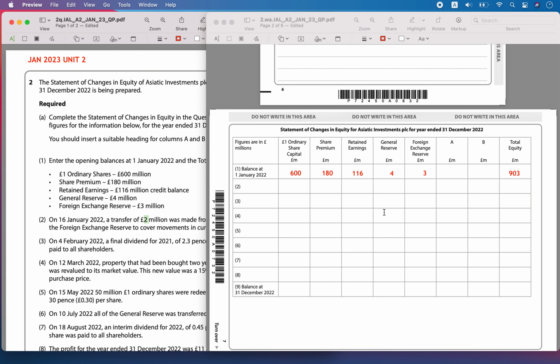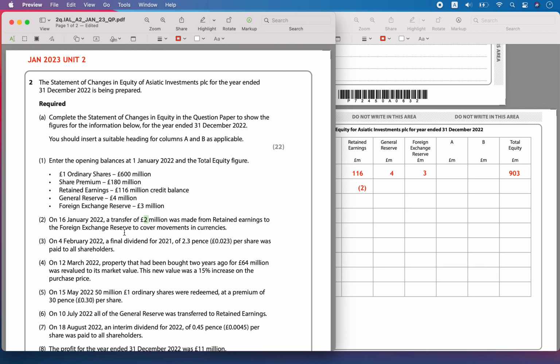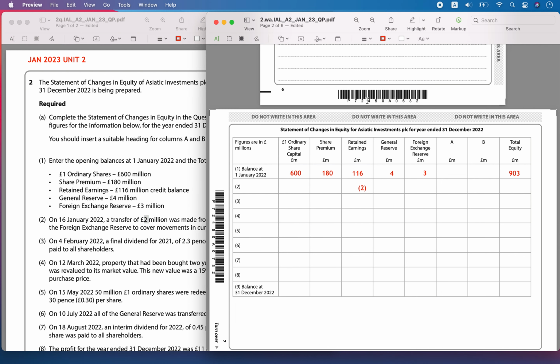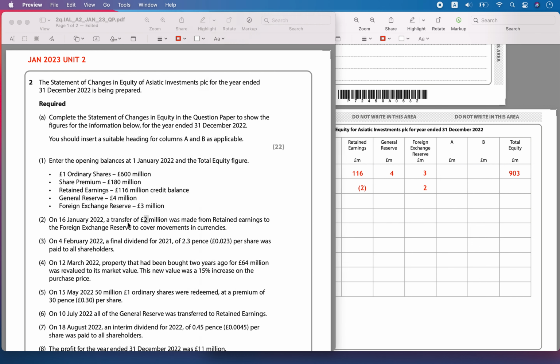It was moved from the retained earnings, so you will subtract the 2 million from the retained earnings, and then you transfer it to the foreign exchange reserve, so you write 2 million there. It was just transferred, and this is to cover the movement of currencies if the company is trading in the international market.